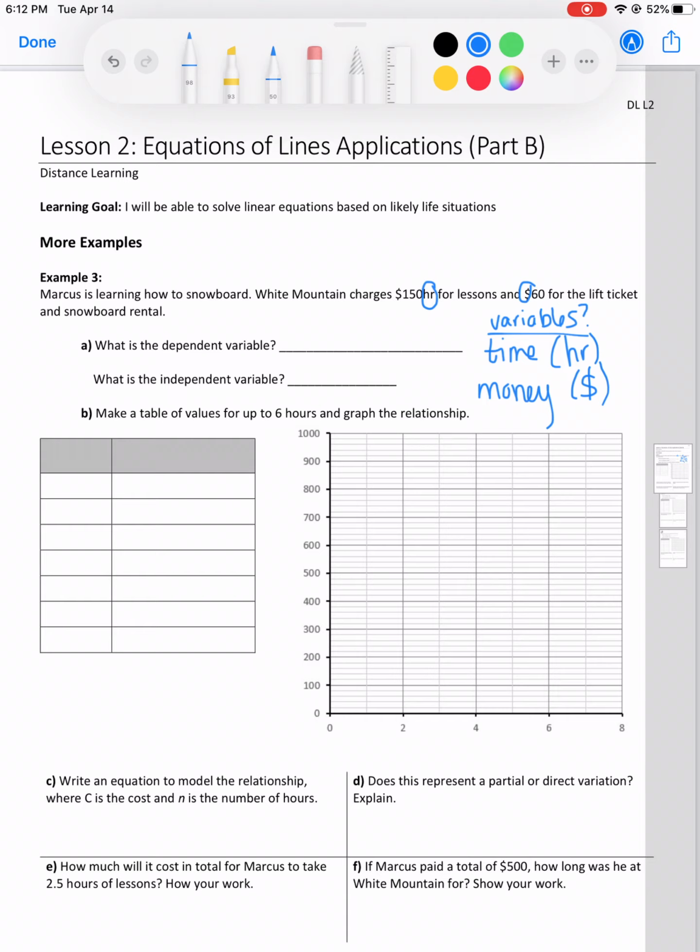So I guess you could easily say either or, because you could be like, well, I only have, let's say, $400. That's going to limit how much my lessons are and my rentals. You're kind of right, but I'm going to say our dependent variable is the cost.